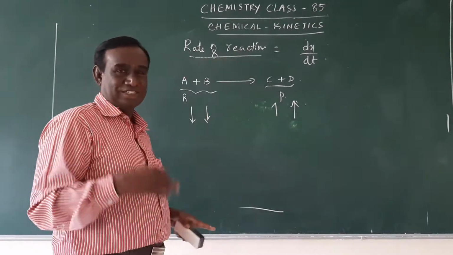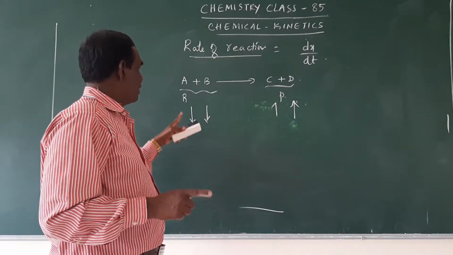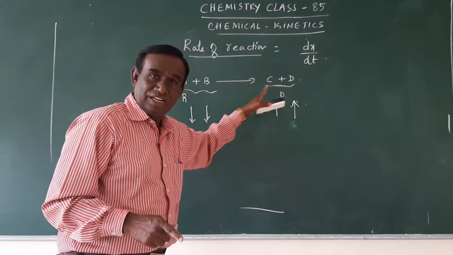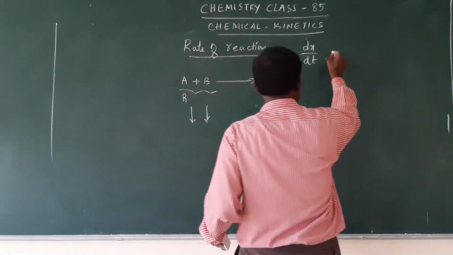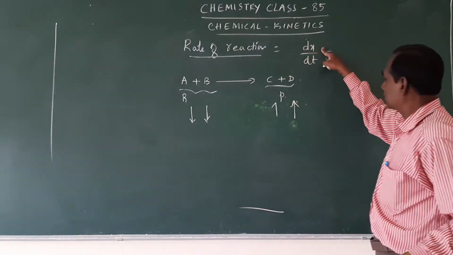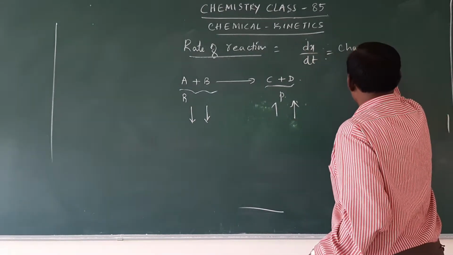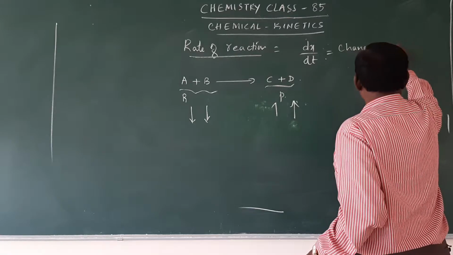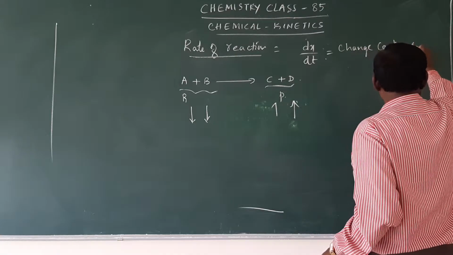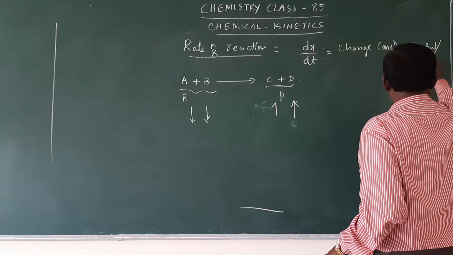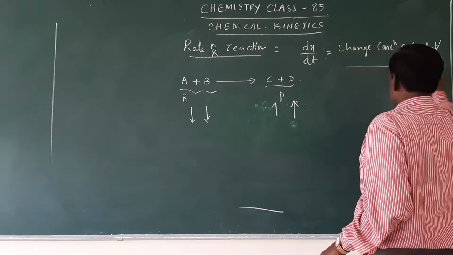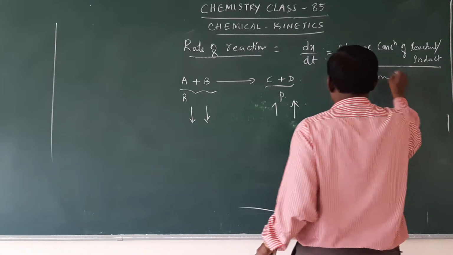Rate of reaction is defined as the change in the concentration of the reactants and products with respect to time. So dx is nothing but the change in concentration of reactant or products with respect to time.